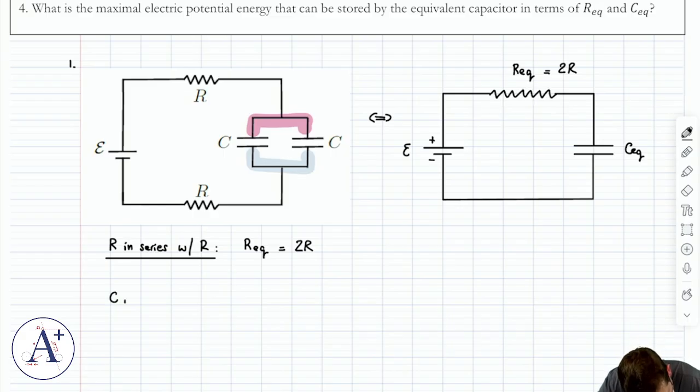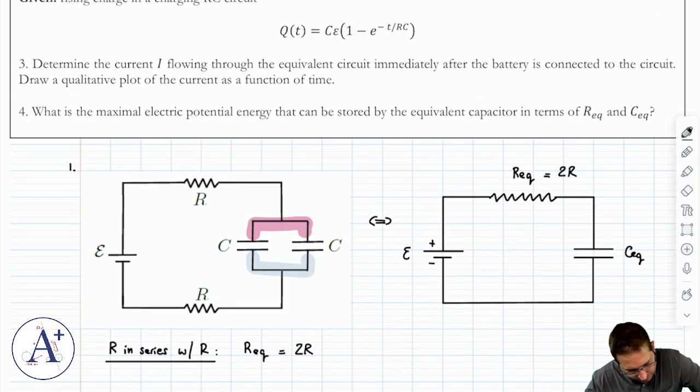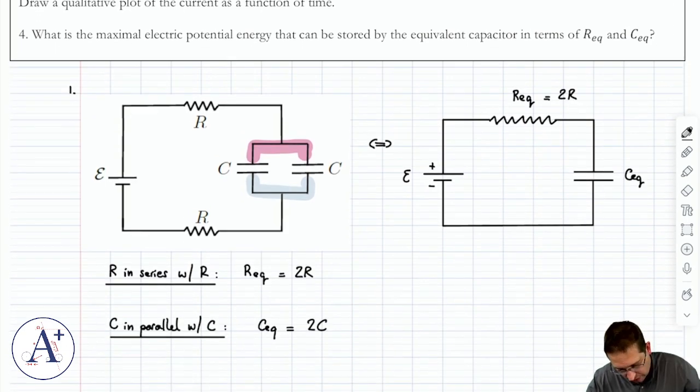So C is in parallel with C. Then C equivalent is equal to 2C, because capacitors in parallel just add. Fair? All right. So what is the equivalent circuit? Well, R equivalent is 2R, and C equivalent is 2C.